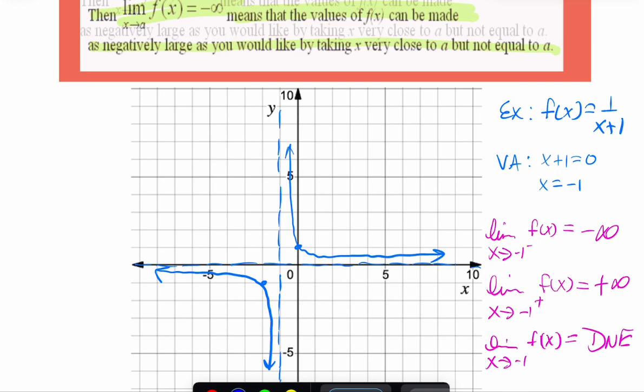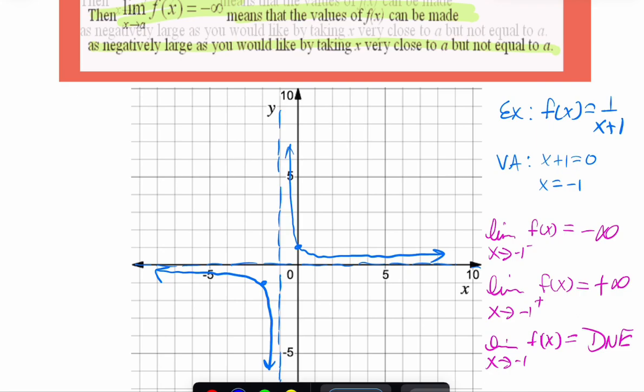We will talk about approaching positive and negative infinity later, that's something different. But if we approach a vertical asymptote, your answer is either positive infinity or negative infinity. If they match, that's your answer for both. If they don't match, you don't have an answer at that spot. Does that make sense?